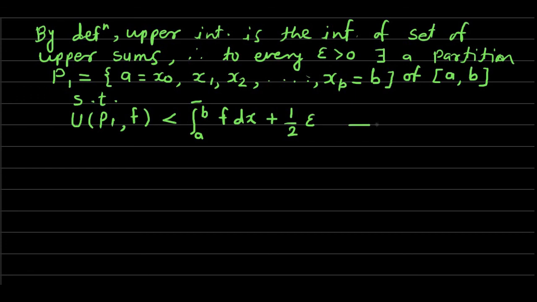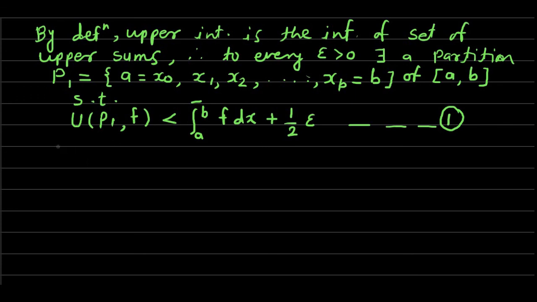Why is it so? Because in second year, third semester, we have already seen that if a certain result holds for epsilon, then it also holds for any positive real number multiplied with epsilon, such as 1/2 times epsilon or k times epsilon, where k can be any positive real number. So here we are considering the value of k as 1/2. Why it is so, you will understand after completion of the proof.